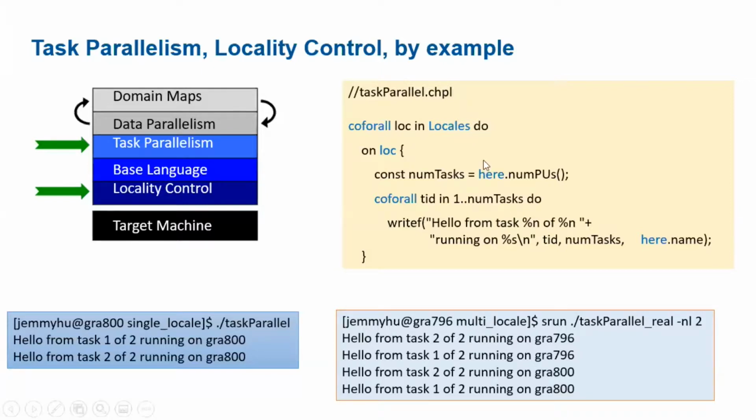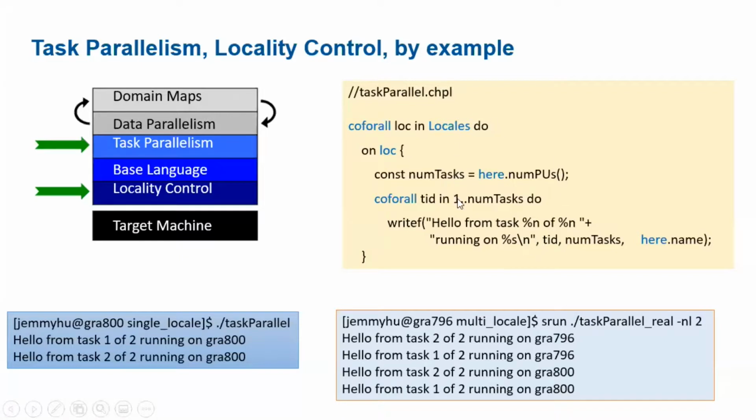What it does is, we call forall, we say index for locales. And on each locale, we get how many CPUs are on that locale. Then we run from 1 all the way to the number of tasks per locale, and then you can ask it to do something.